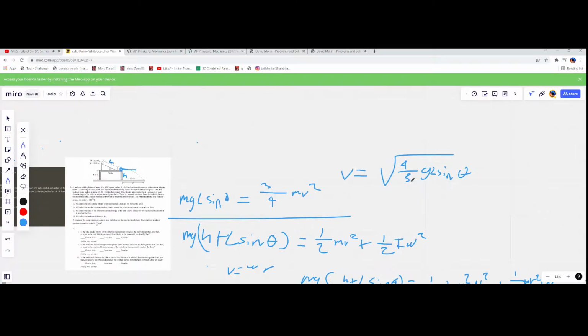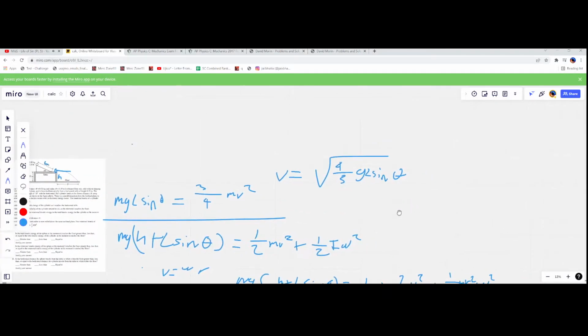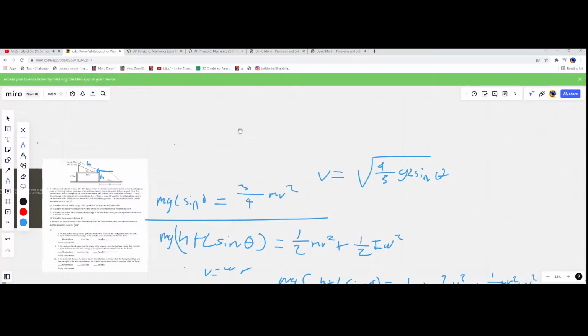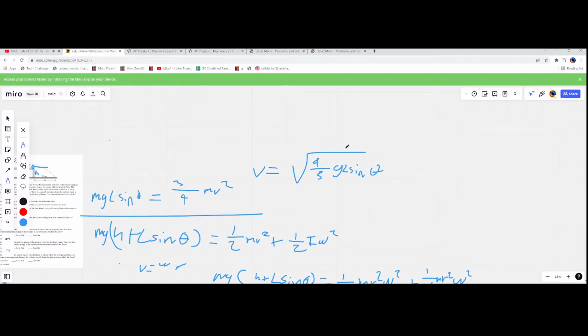So you have this, and you know at that point that all the velocity is just in the x direction. You can now just directly solve for time. So you have that h is equal to 1/2 gt squared.